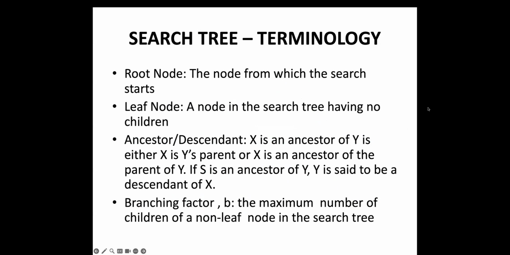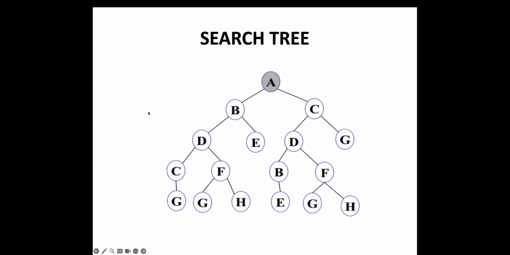Then the leaf node. Each of these is what we are referring to as nodes. There is the initial node here, which is the root, the starting point. Then we have these ones at the end here, which do not have children.